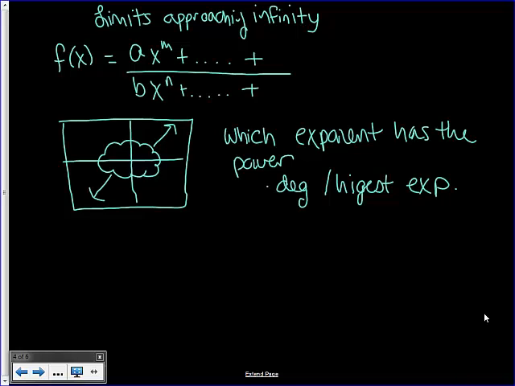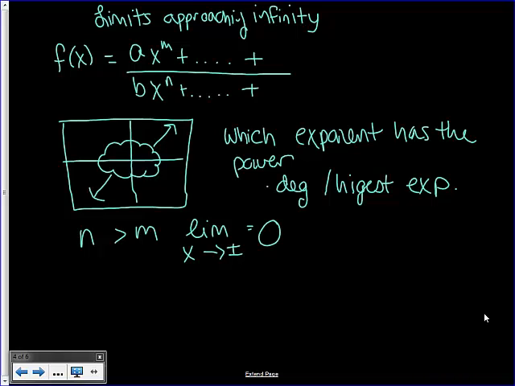So for example, on your rules, if my n is greater than my m, so let's look at this. If my denominator has the power, its largest exponent is bigger than the largest exponent on top, then my limit as x approaches positive or negative infinity will always be 0. Will always equal 0. Okay?